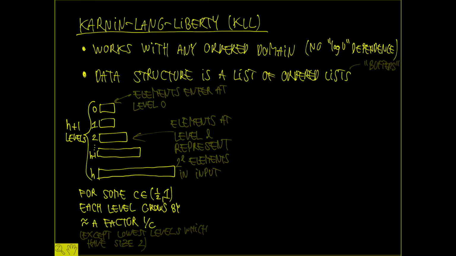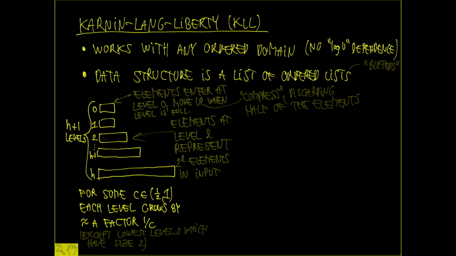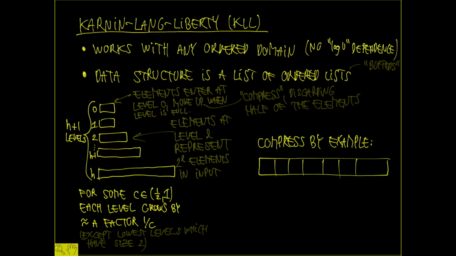We can insert new elements at level 0, corresponding to 2 to the 0 elements, and then we are going to move up elements to the next level when the level is full. This is a so-called compress or compaction step, and what we need to do here is to discard half of the elements. In this way, each element that moves up corresponds to twice the number of elements as before.